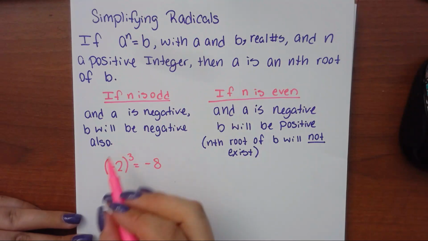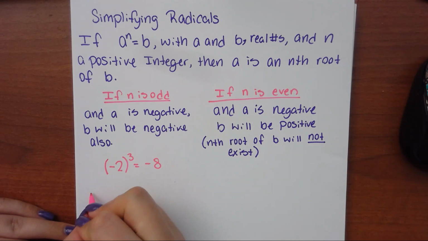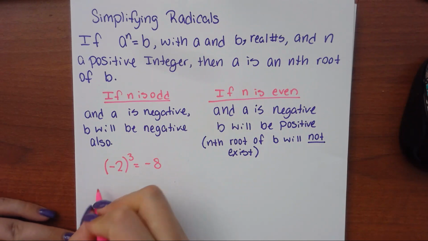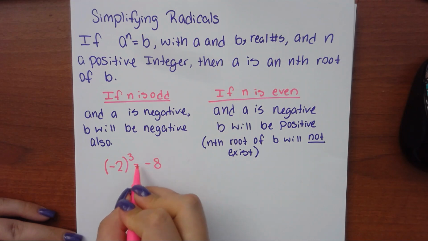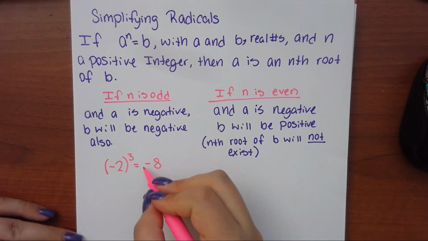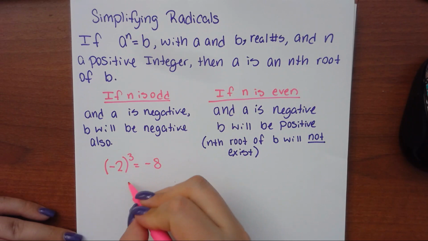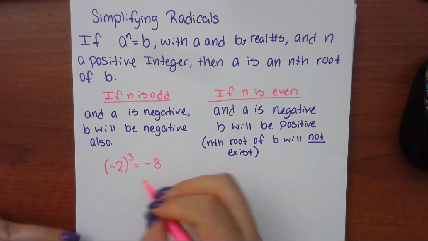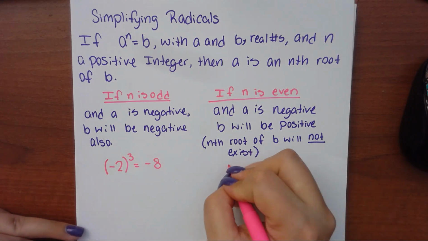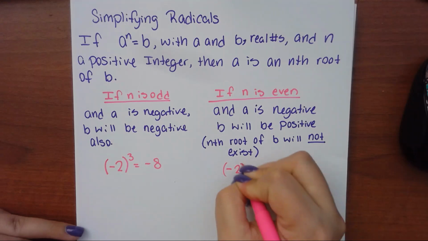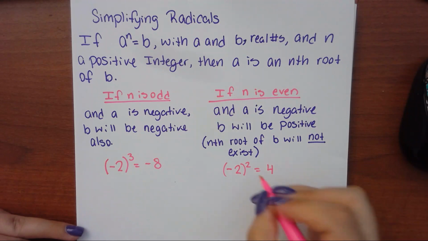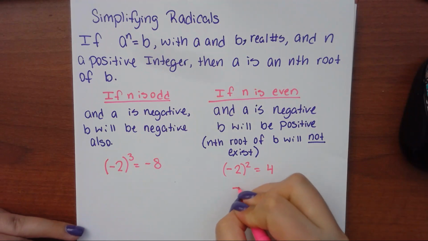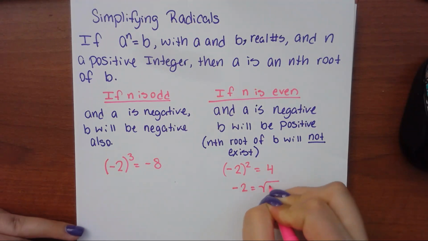But here's the thing. Let's say I wanted to go backwards. So let's say I wanted to take the nth root of b. If I wanted to take the third root of that negative 8, then it can go backwards because it is an odd exponent. But over here, if I have negative 2 to the second power, that's going to be positive 4. But we cannot say that negative 2 is equal to the square root of 4.